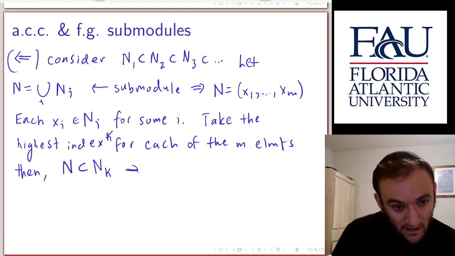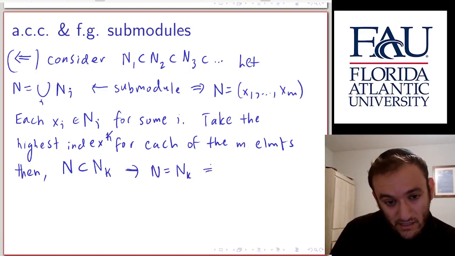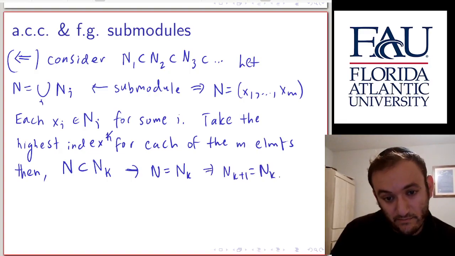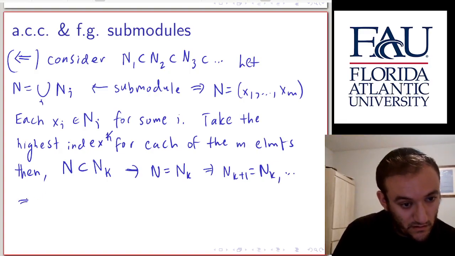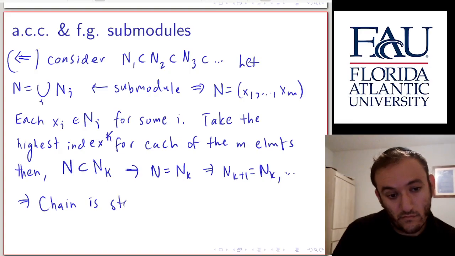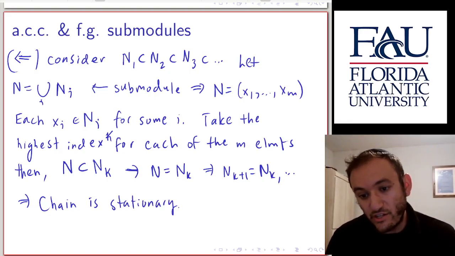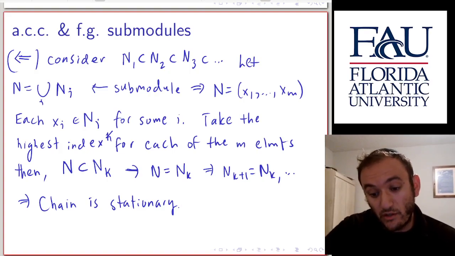This implies that N is equal to Nk, which means that Nk plus 1 equals Nk, etc. So the chain is stationary. Great. So we have finite generation of submodules if and only if the module is Noetherian.